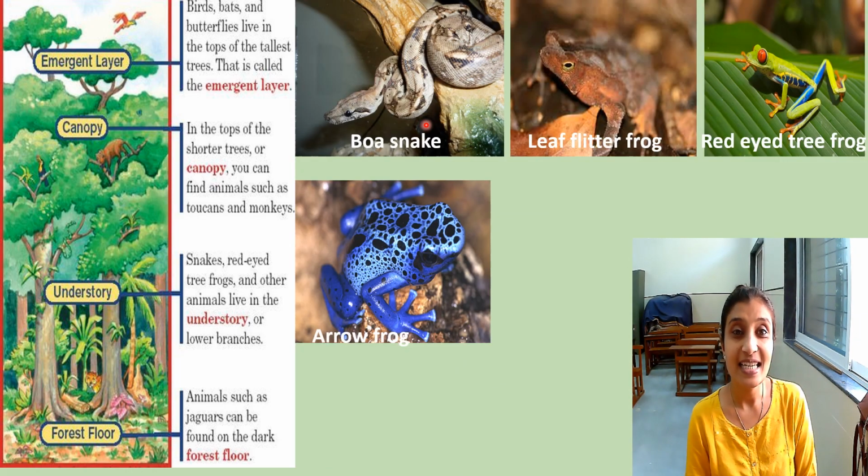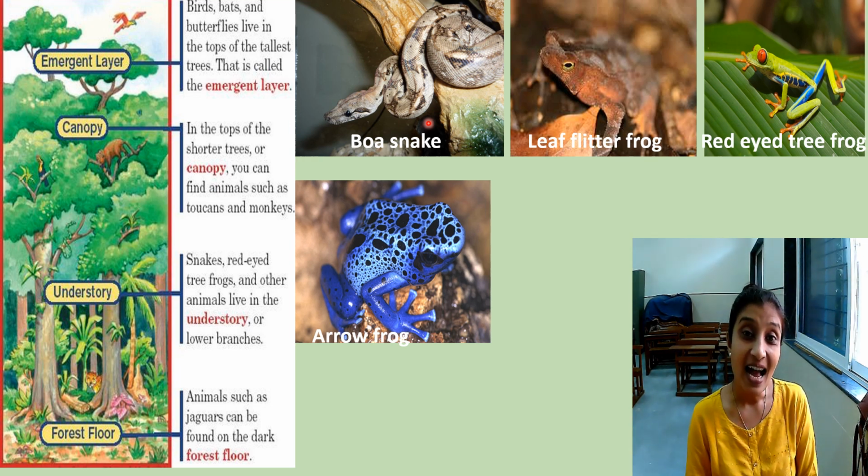The next is the understory layer. This layer has creatures that can live in less light on short trees and plants, like the boa constrictor snakes, red-eyed frog, leaf litter toad, and arrow frog. Look here children, this is a boa constrictor snake.